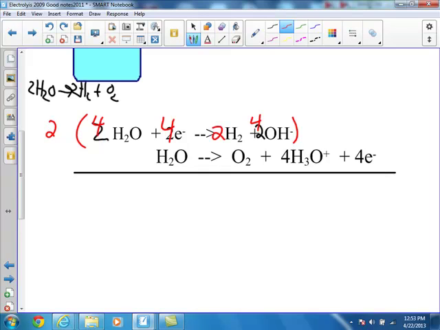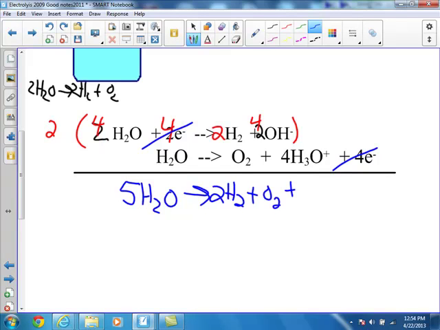Now when I add these two together, the 4 electrons go away. I have 4 H2Os plus an H2O, so I have 5 H2Os. Yields 2H2 plus O2 plus 4 H3O plus, and what is that?